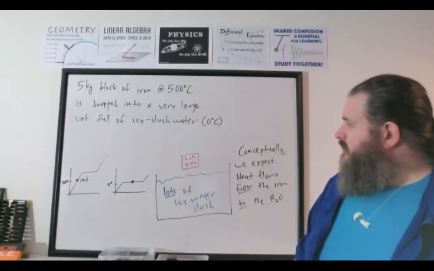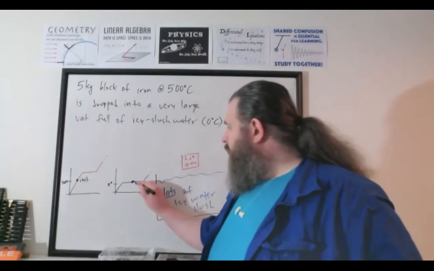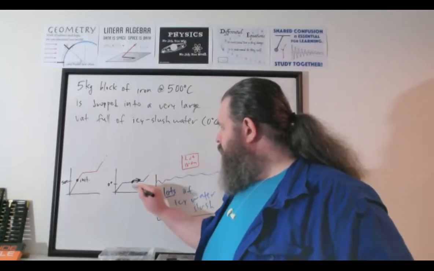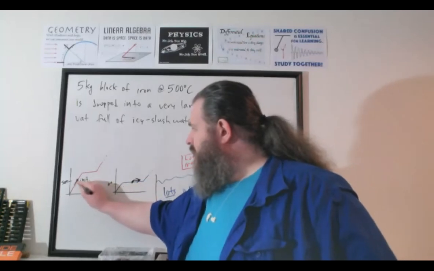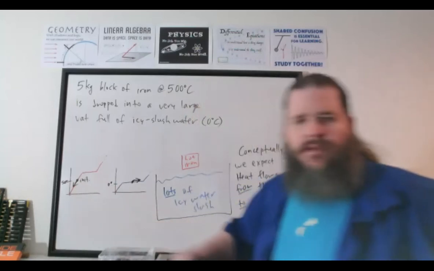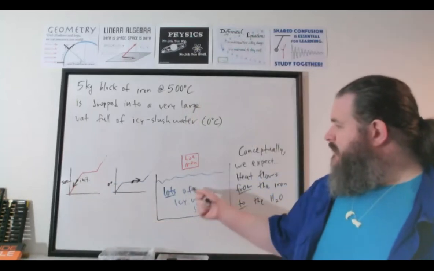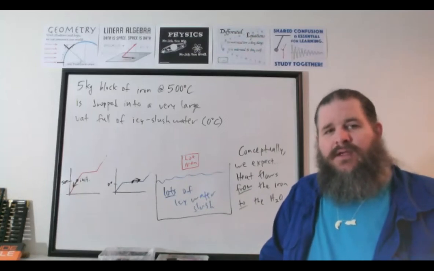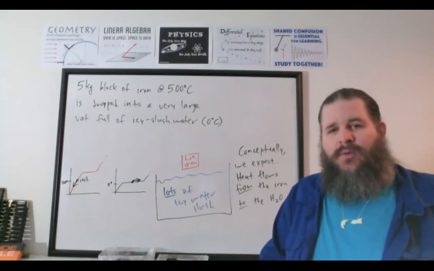And if we have these changes, we know that the water is gaining energy and the iron is losing energy. However, we know that there's lots and lots and lots of icy water slush. So once everything comes to equilibrium, what should we expect the icy water slush to look like?